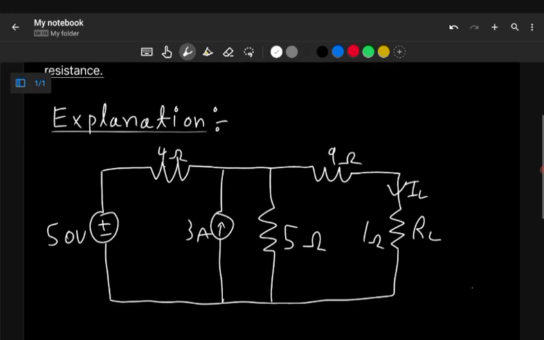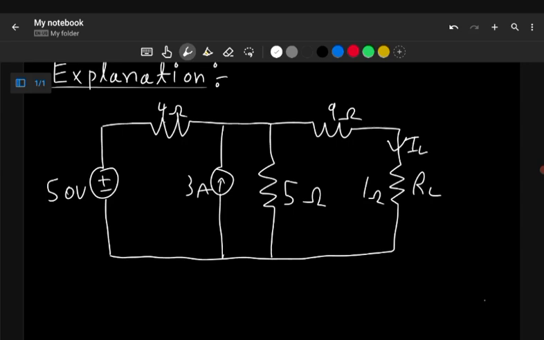I'll explain it using the circuit diagram I have created over here. Our goal will be to find the current response IL across this 1 ohm resistor RL using Thevenin's theorem.